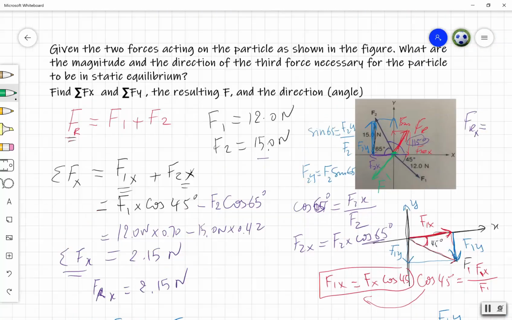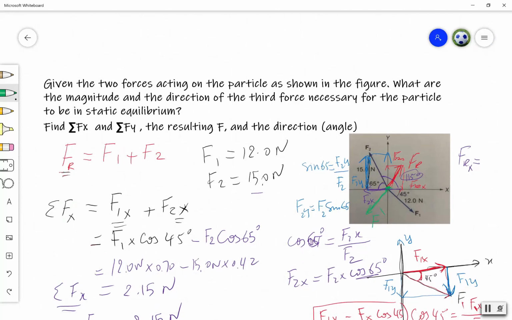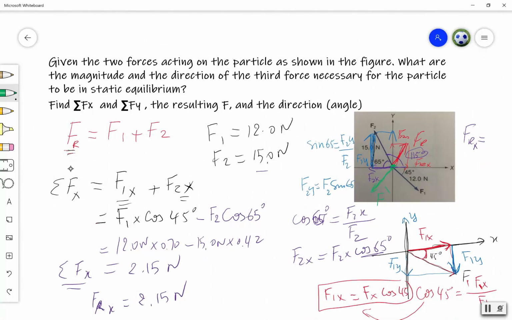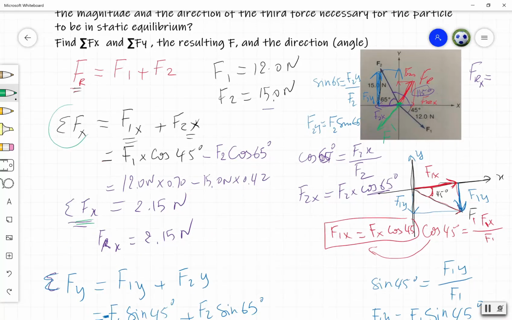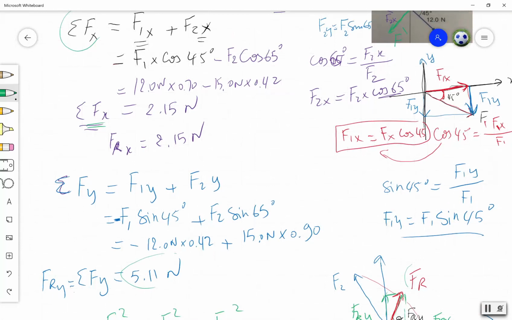So we want to know what kind of force we should apply to this particle here to achieve static equilibrium. Knowing these 2 applied forces, we have to find the resultant of these 2 forces. To find the resultant, we have to find the component of this resultant force on the x-axis and y-axis. So we did that, and we did the y-axis.